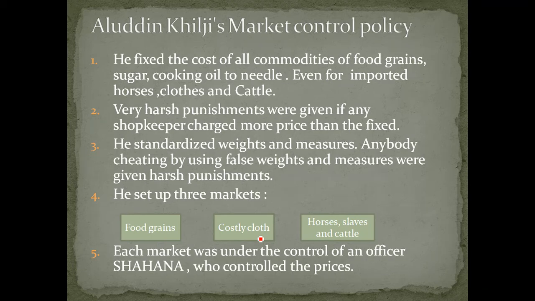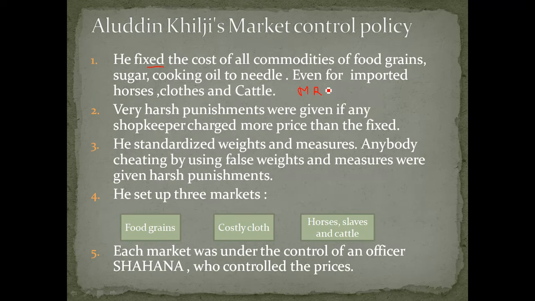But this is something we talk about in modern day. But you know what? Alauddin Khilji was the first one to do that. He fixed the cost of all commodities, from food grains, sugar, cooking oil to needles, even for imported goods. That means he gave the concept of, as I would say, MRP.